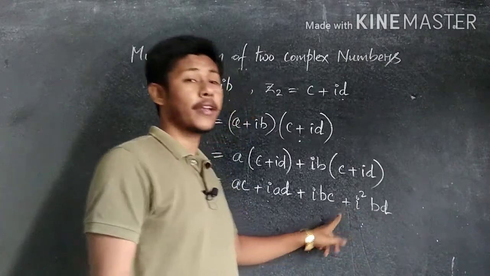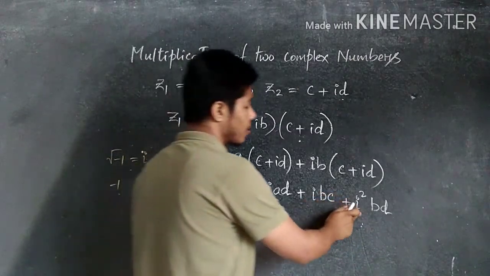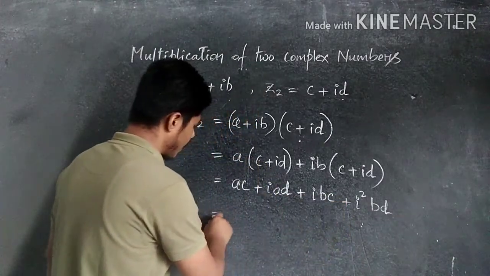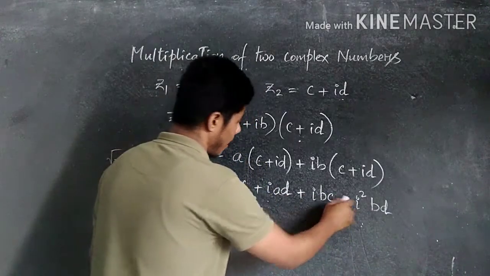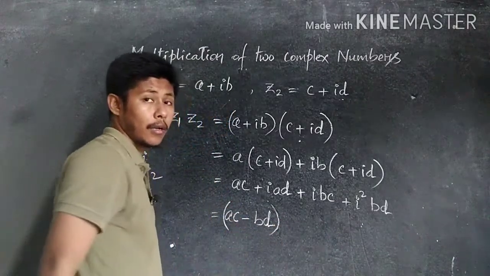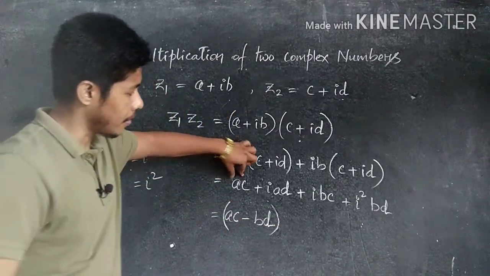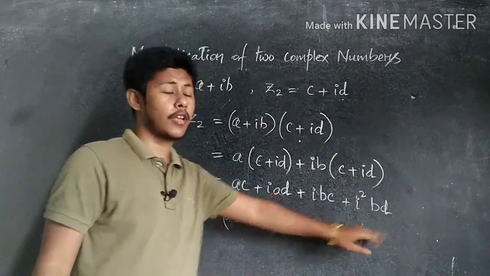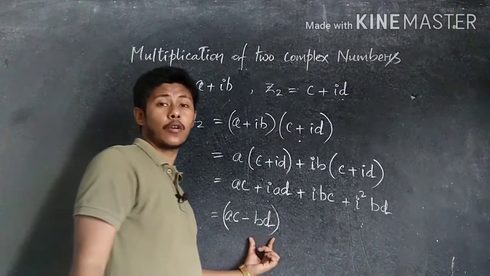So ultimately there is no i, and in place of plus we write minus. So we simply get ac minus bd. All of you understood? ac, and i squared means minus 1, so minus bd. So we write ac minus bd.